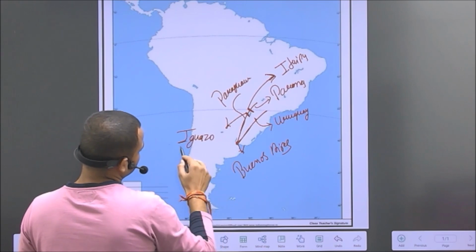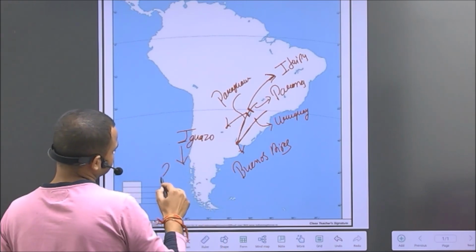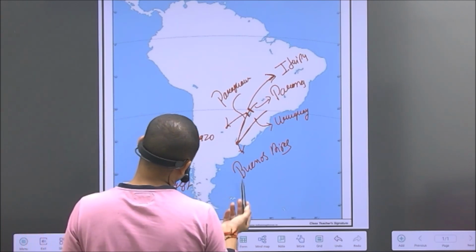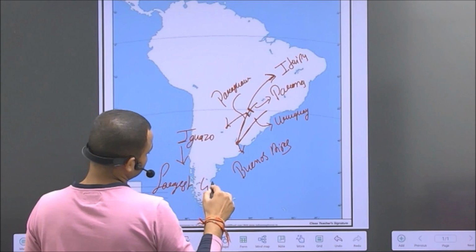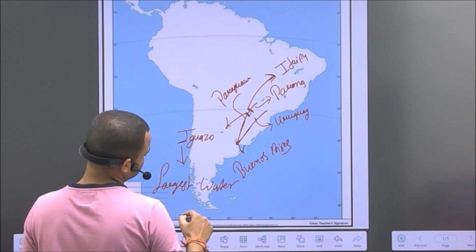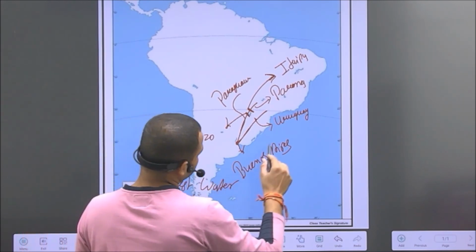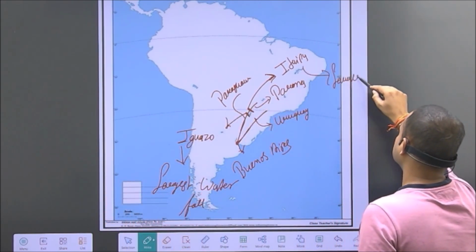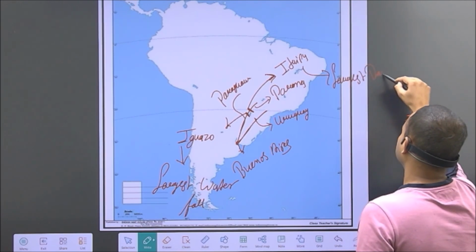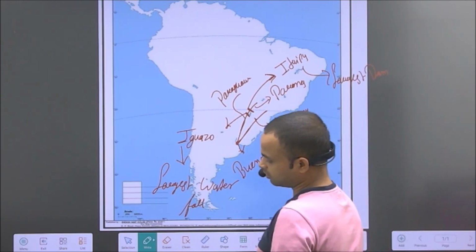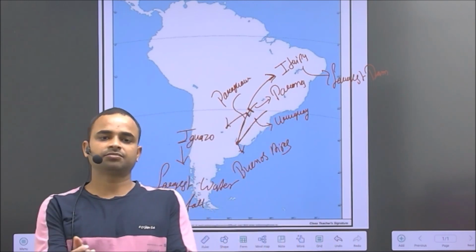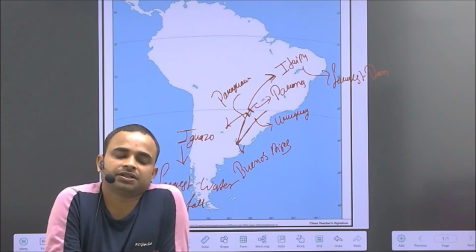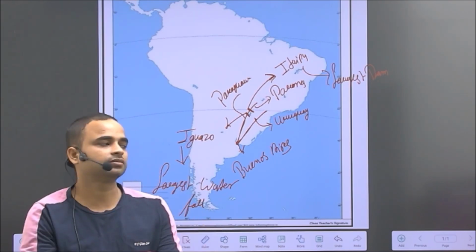Iguazu is the largest waterfall. When we talk about largest, that means volume of water, and when we talk about longest, that means we are talking about length.